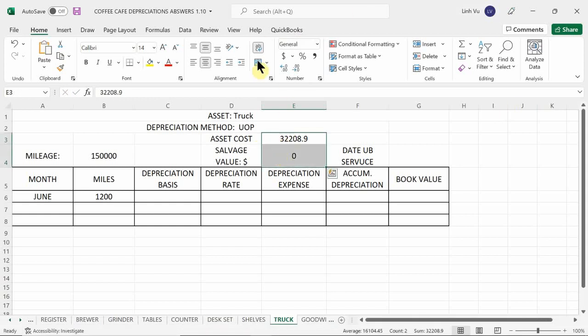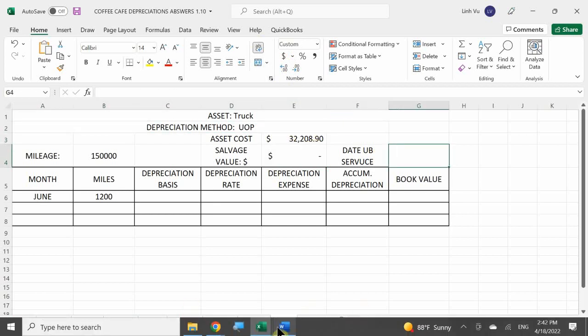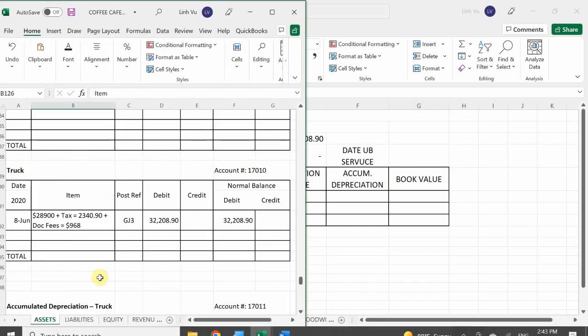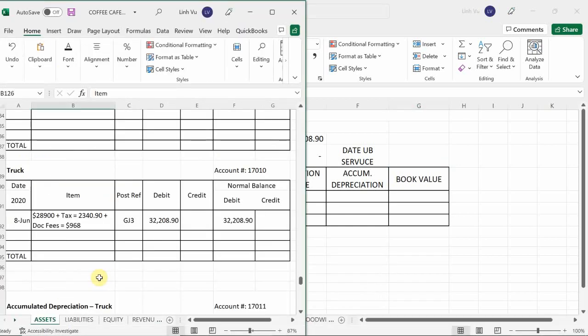Now that I know what that is, when did I place it into service? Okay. Let's check out my ledger. When did I actually buy it? When did I buy the truck? June 8th. What's the rule when do you depreciate the truck?